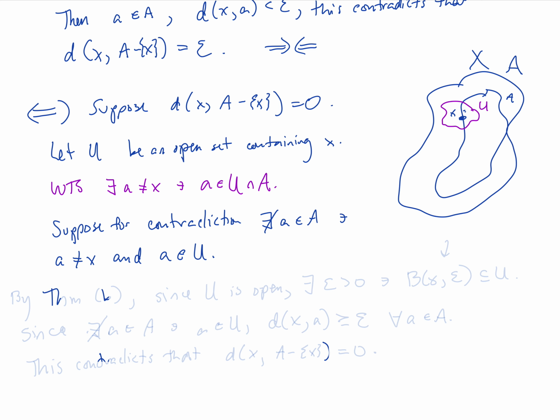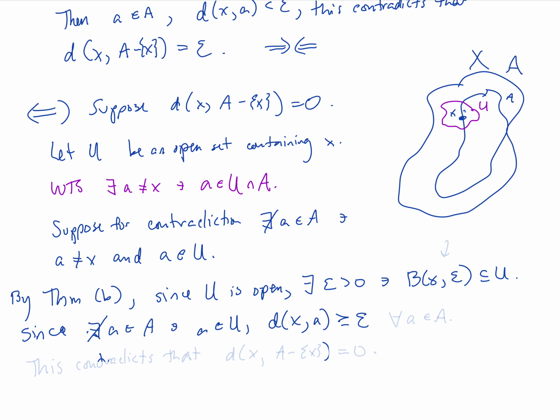Then by our previous theorem, part B of that previous theorem, since U is open, there is some epsilon greater than 0, such that the ball centered at x of radius epsilon is contained inside the set U. Since there is no a in A such that a is an element of U, the distance between the point x and the element a must be greater than or equal to epsilon.